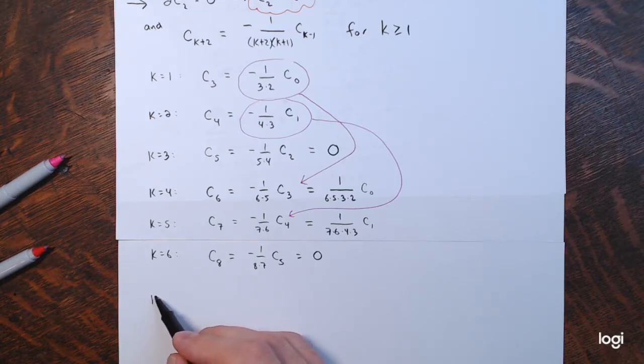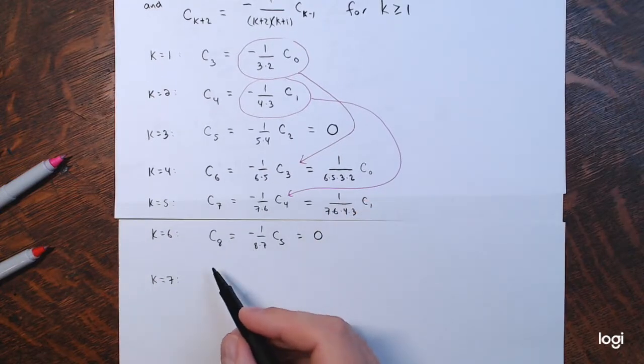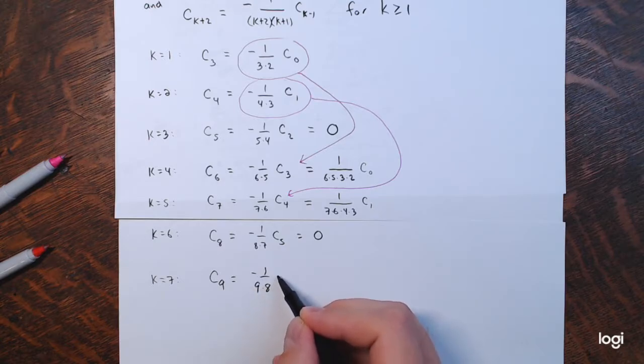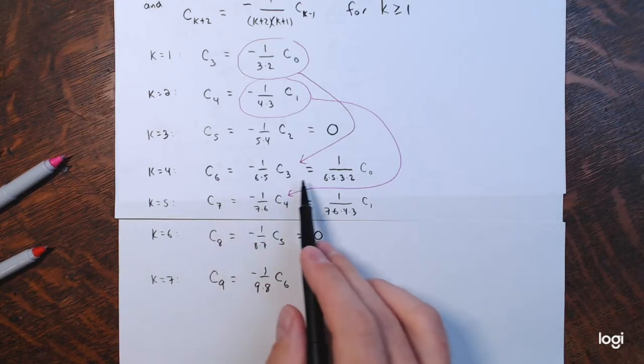Okay, k equals 7. All right, just a couple more. I'm just going to do a couple more. We'd have C9 equals negative 1 over 9 times 8 times C6, but this was C6.